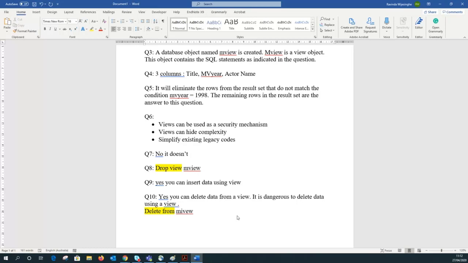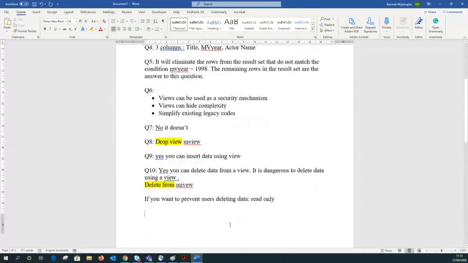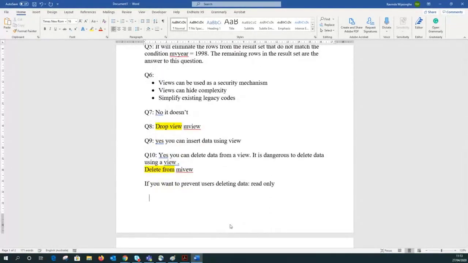If you want to prevent users deleting data, you can add the read only clause. So how can you add the read only clause? Remember I have told you.